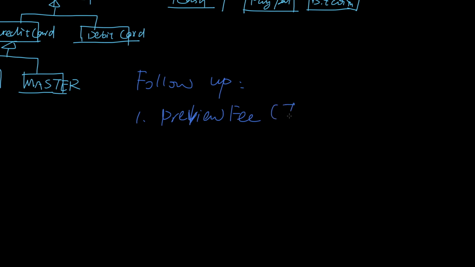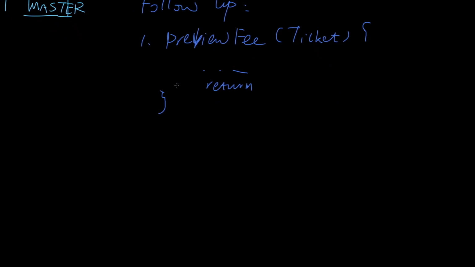So the preview fee will ask you for the ticket, and you will have some implementation details. You can do whatever you want and return something here. But is it possible that we can make it more flexible? I think here we can try to use a design pattern like the strategy pattern.